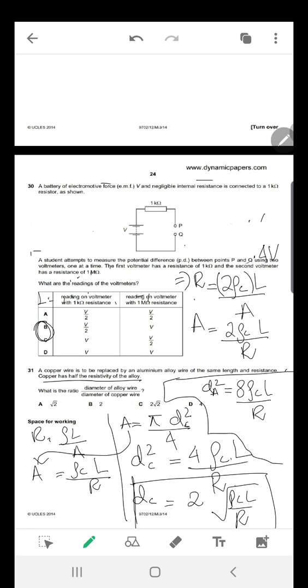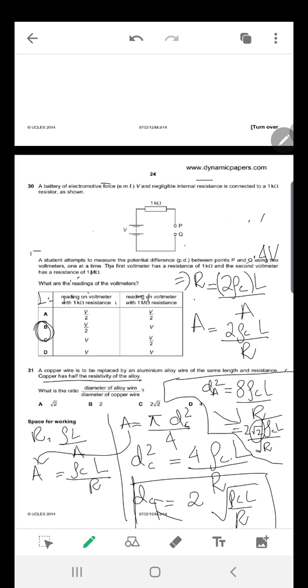If you square it out, it will be 2 under root 2 rho C L over R. Now if you see the diameter of A and the diameter of C, the only difference is under root 2, right?